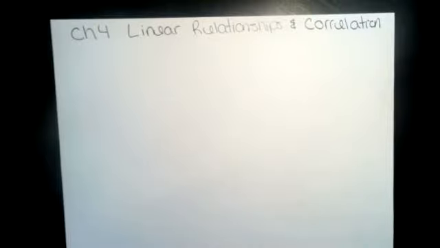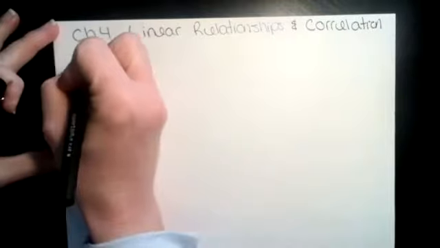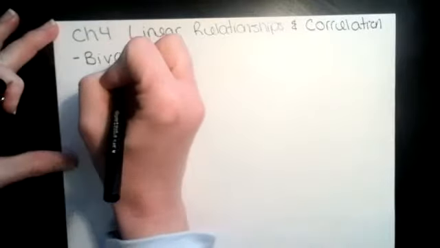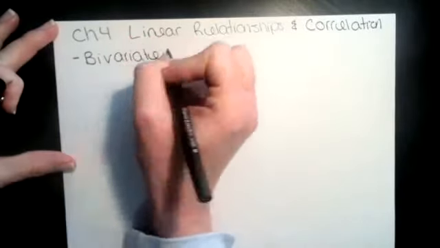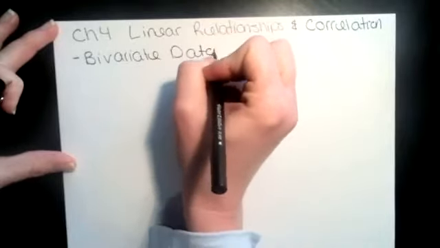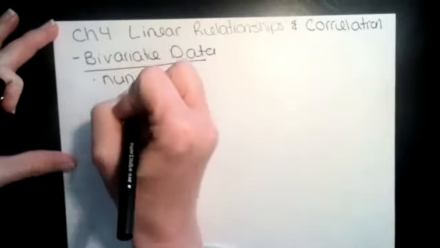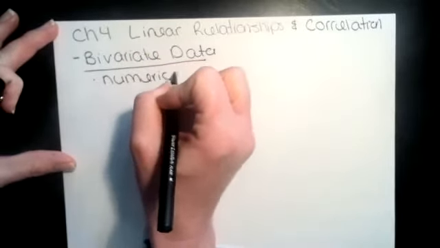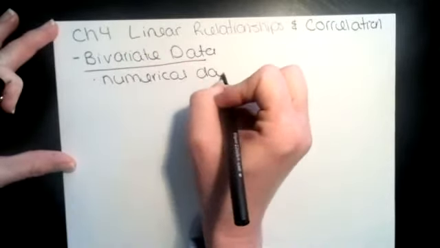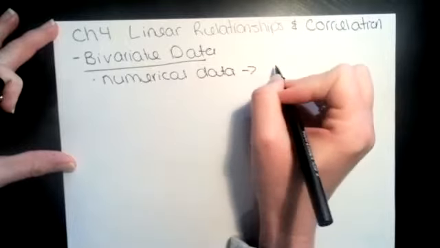All right, so this is for what we call bivariate data. Bivariate data, we're looking at numerical data in two variables.